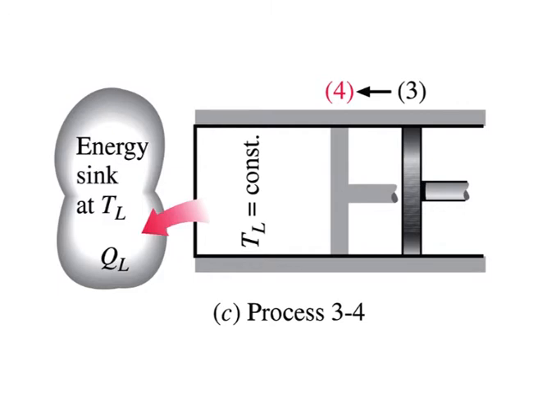Since the temperature difference between the gas and the sink never exceeds a differential amount dT, this is a reversible heat transfer process. It continues until the piston reaches state 4. The amount of heat rejected from the gas during this process is QL.